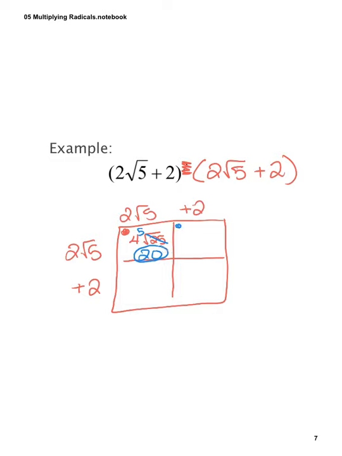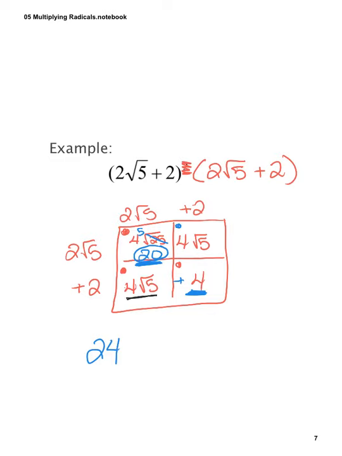If I look at this box here, 2 times 2 is 4. And I rewrite the radical 5. If I look at this box here, 2 times 2 is 4, and I rewrite the radical 5. And if I look at the last box, 2 times 2 is 4. Once again, this is a whole number, and this is a whole number. 20 plus 4 is 24.